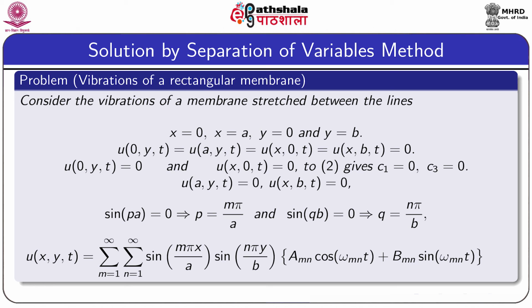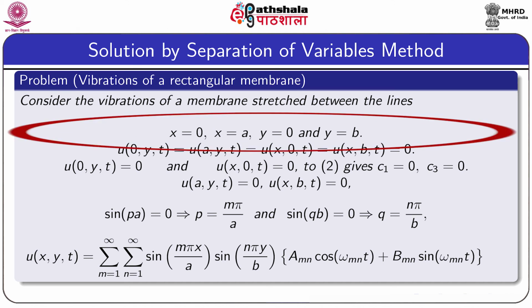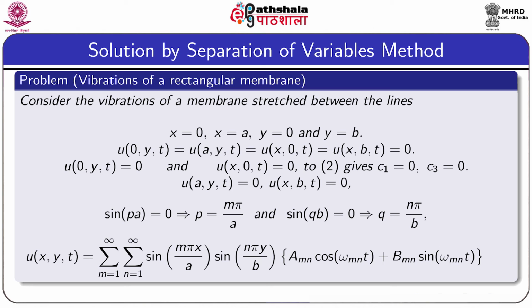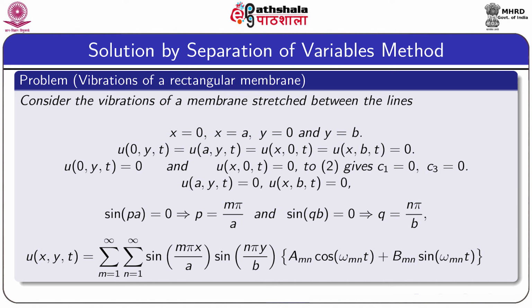For that purpose, we consider a physical problem of the vibration of a membrane which is stretched between the lines x equals 0, x equals a, y equals 0 and y equals b, and the condition is given by u at x equals 0 is equal to 0, u at x equals a is equal to 0, u at y equals 0 is 0 and u at y equals b is 0.